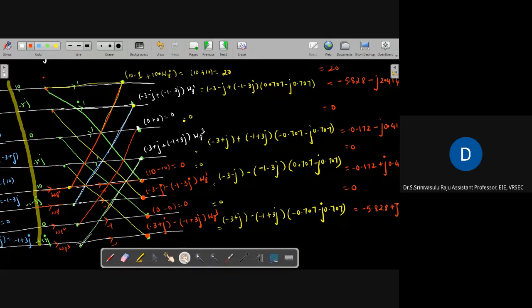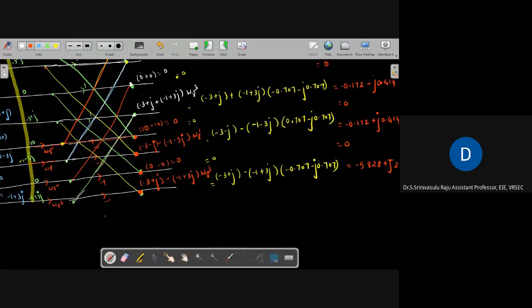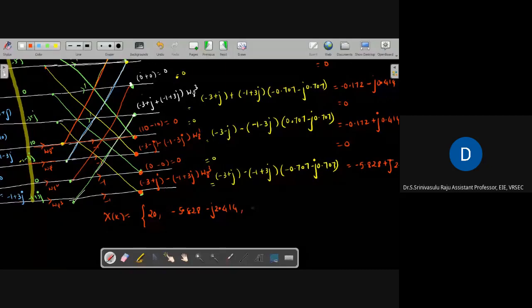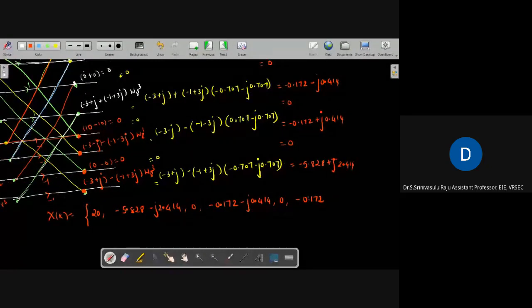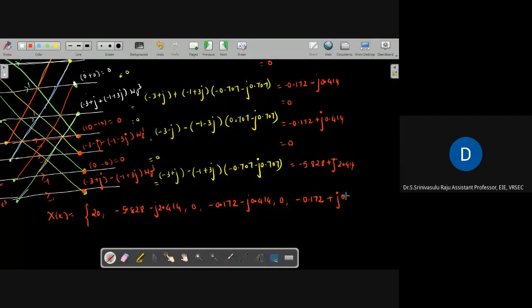So now the answer sequence is, now you can directly write the answer, x of k, if you don't have any doubts. x of k: 20, minus 5.828 minus j 2.414, 0, minus 0.172 minus j 0.414, 0, minus 0.172 plus j 0.414, 0, minus 5.828 plus j 2.414.